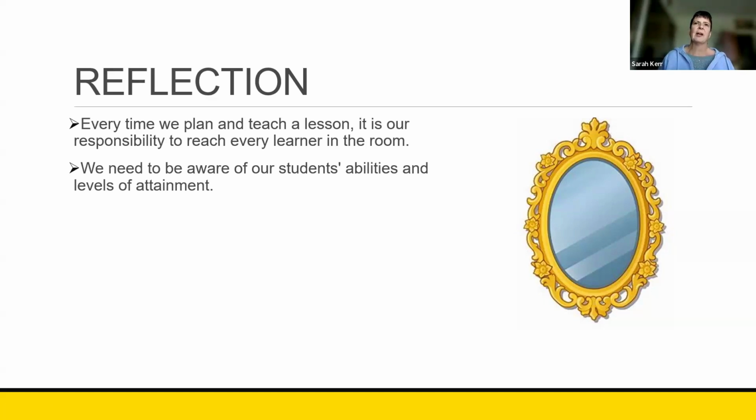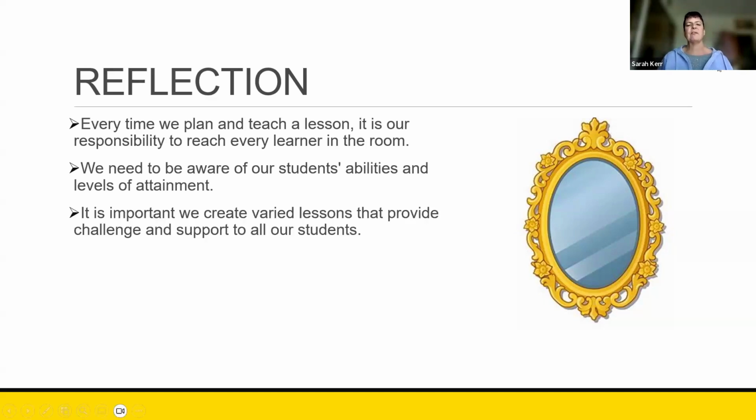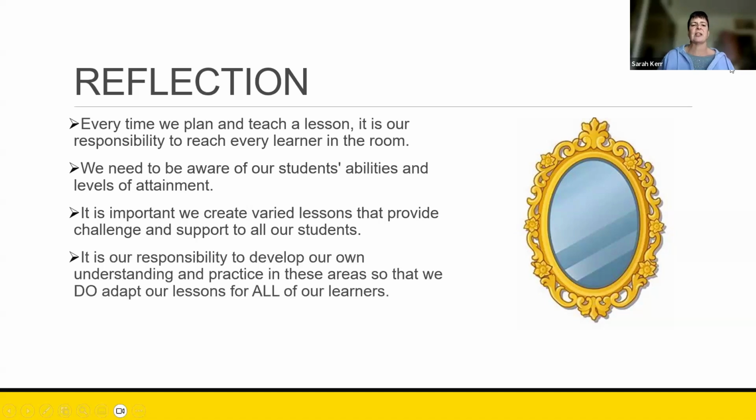We need to make sure we're reaching everyone and that we create variation in our lesson. We provide challenge for higher attainers in our classroom so they can move forward and think about higher order trajectories, which Hamid just mentioned, but also we need to support those at the lower attainment levels in our room.